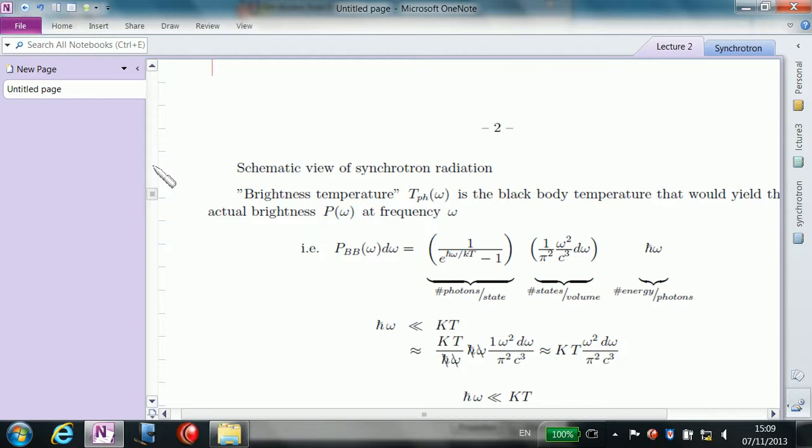But all that was assuming it's optically thin. Below the synchrotron self-absorption limit, there's obviously... so you think about that for homework. We'll do it next time. And I want homework from everybody. The grades are based on homework.